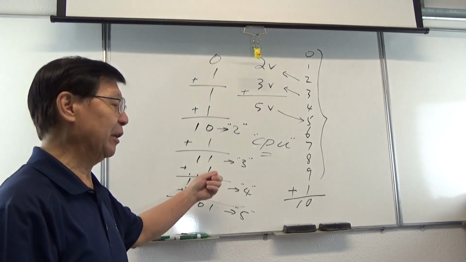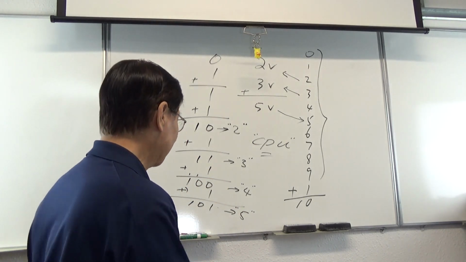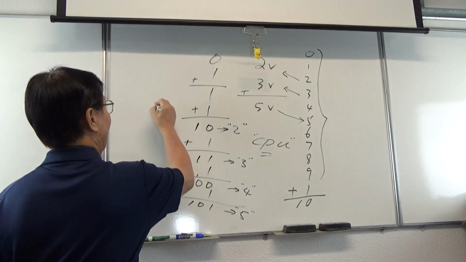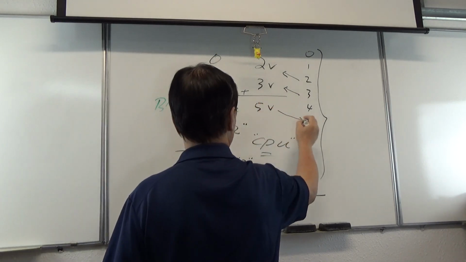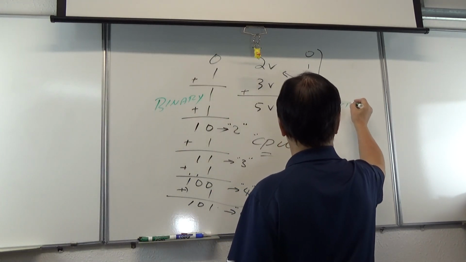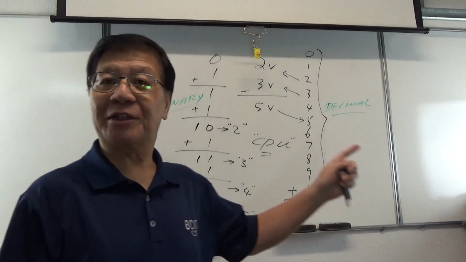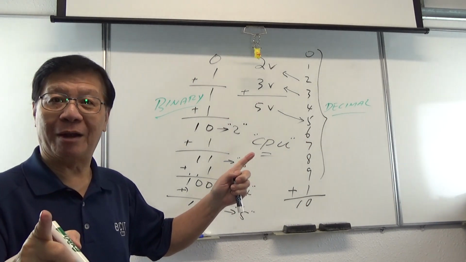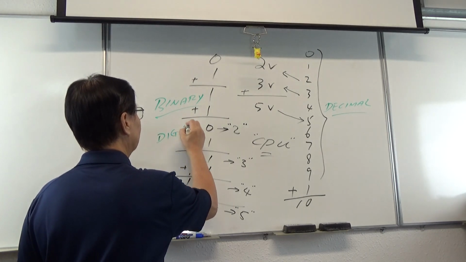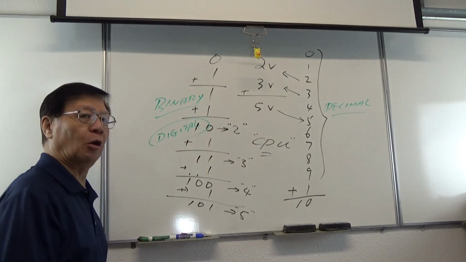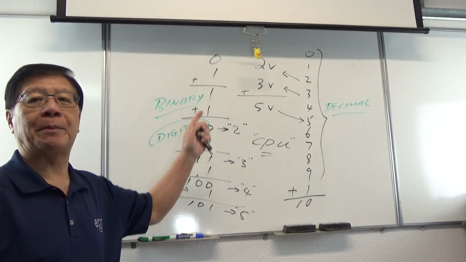It processes in the new system, which is named the binary system, as opposed to the decimal system, right? The binary system has another name. Digital. We are always talking about digital systems now. So what is digital? Digital is a binary system. That's it.